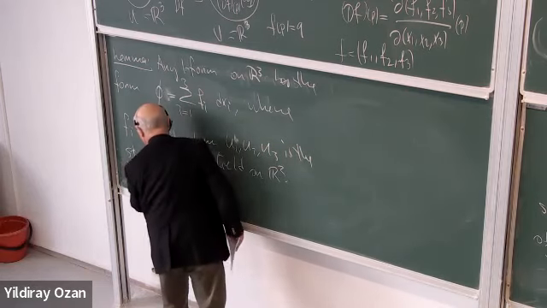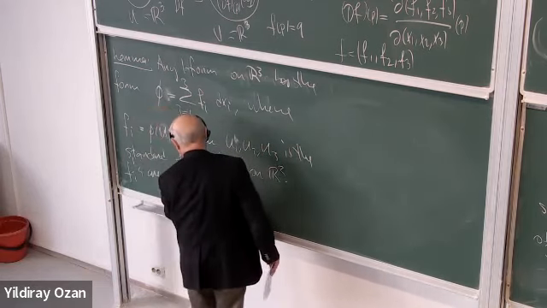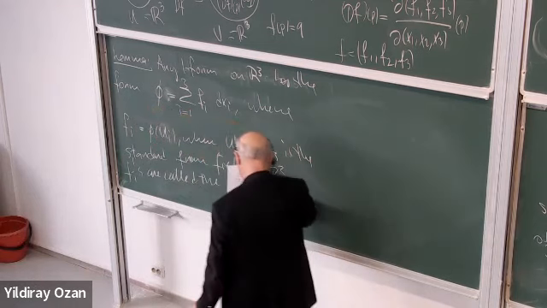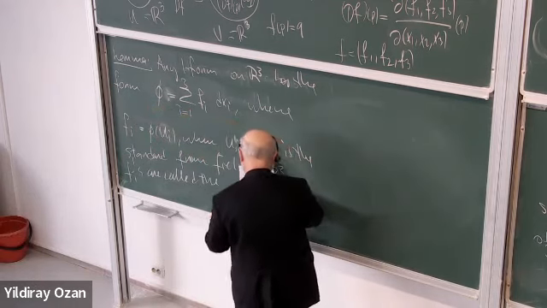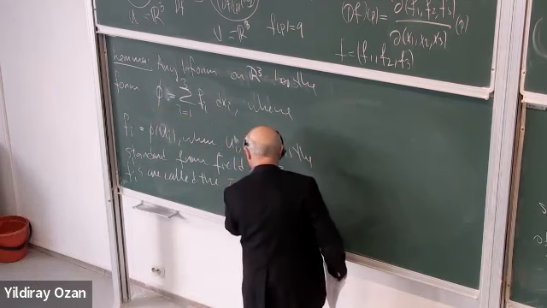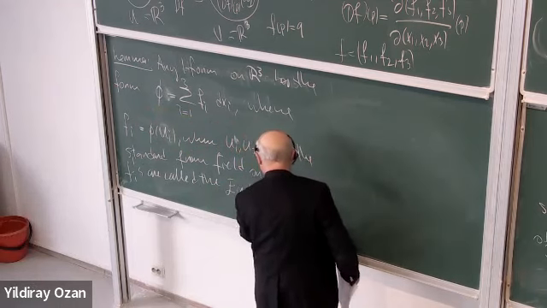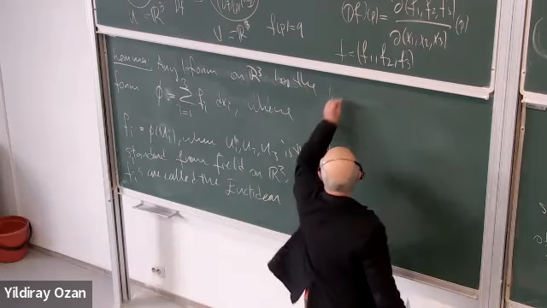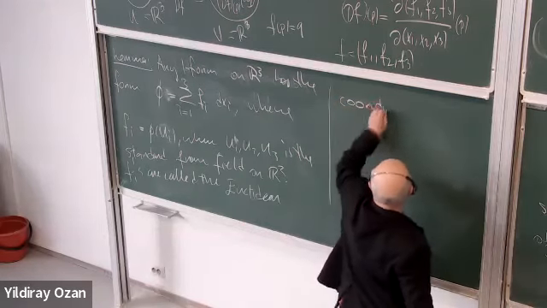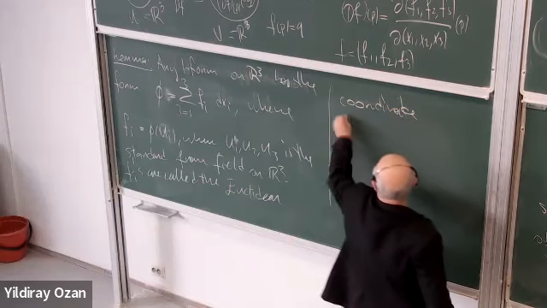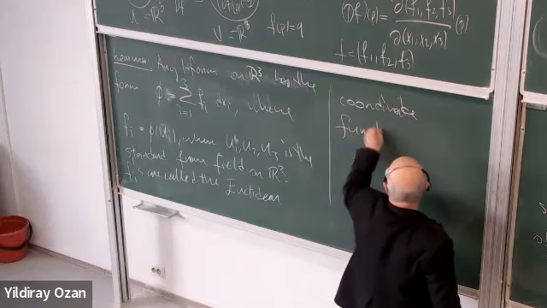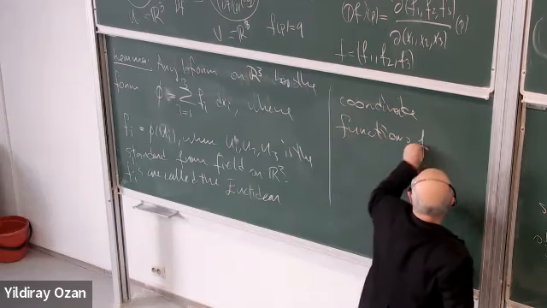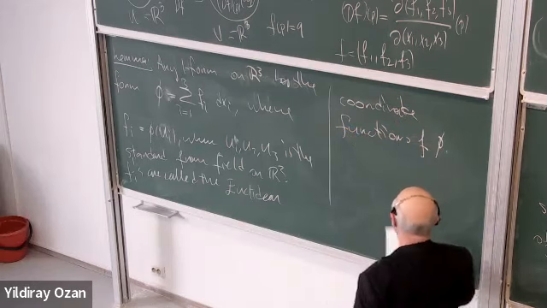Fi's are called the Euclidean coordinate functions of the one form phi.